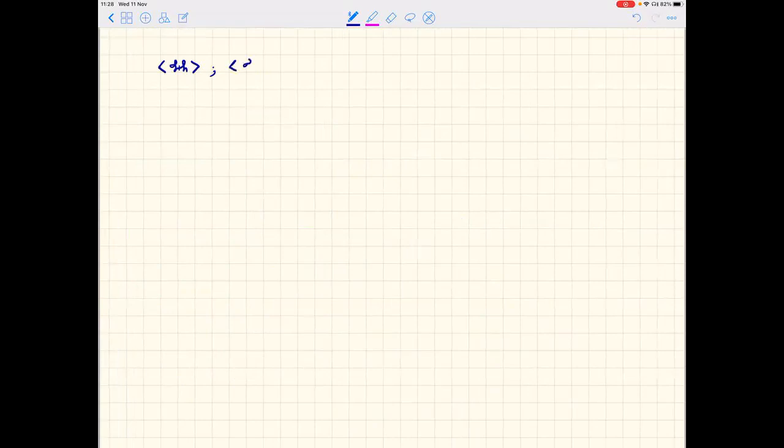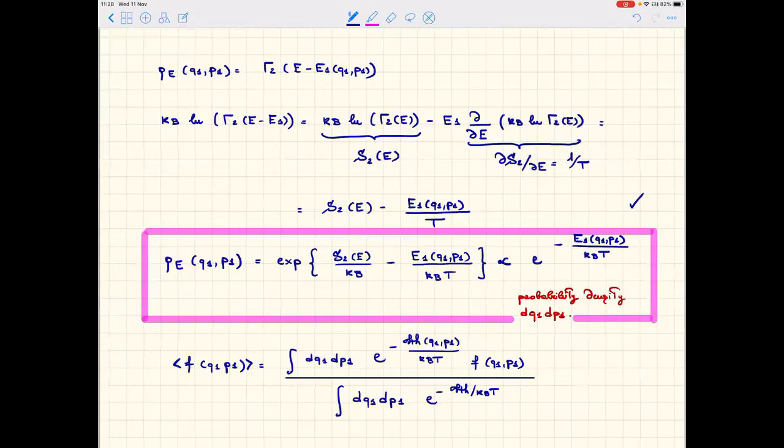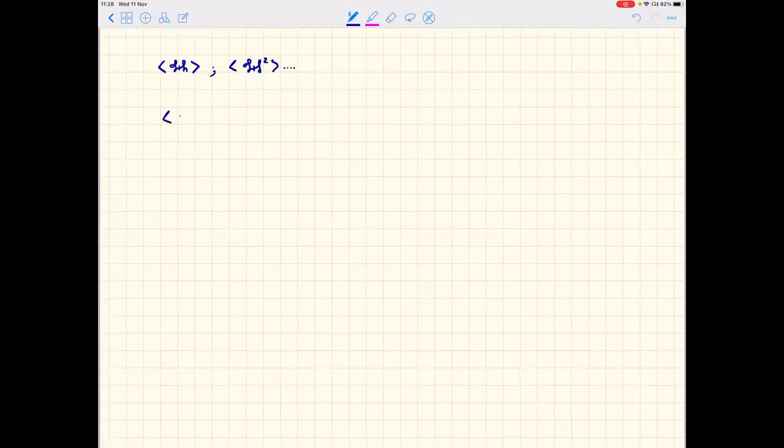H squared, etc. When I calculate, for example, the first moment of the energy, the average energy, well, this is equal to the integral dq1 dp1 e to the minus beta h, beta is 1 over kBT, h, divided by the integral dq1 dp1 e to the minus beta h.